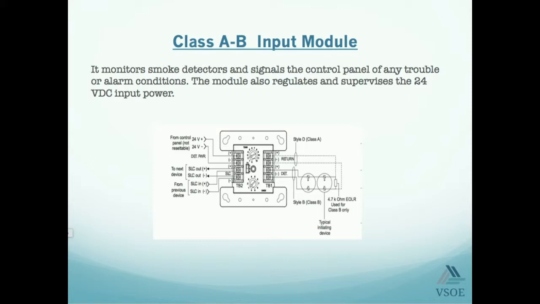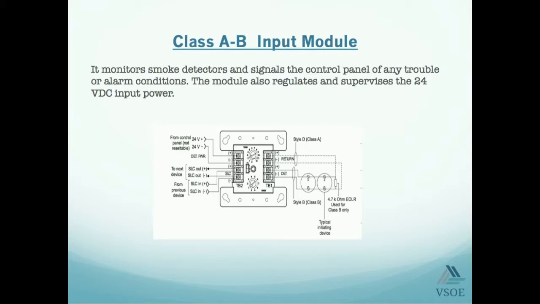The next module we'll be speaking about is a Class AB input module. The Class AB input module, it monitors smoke detector, signal the control panel of any trouble or alarm condition. The module also regulates and supervises the 24 volts DC input power. Such module will allow an input of a 24 volts to provide additional power.